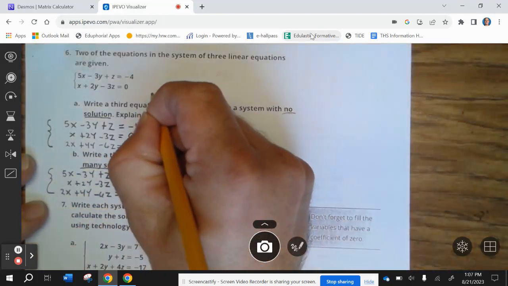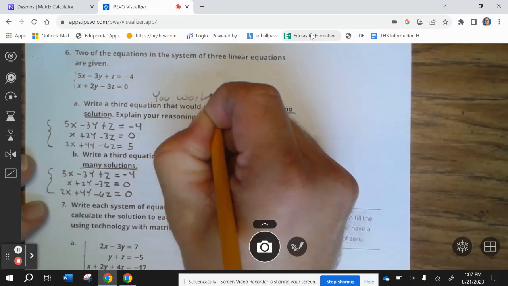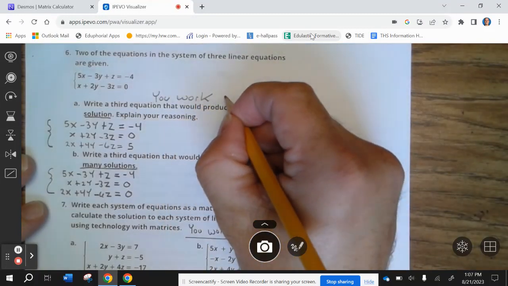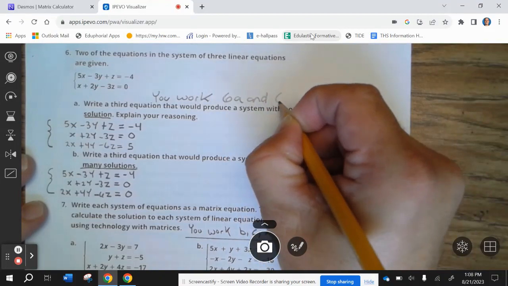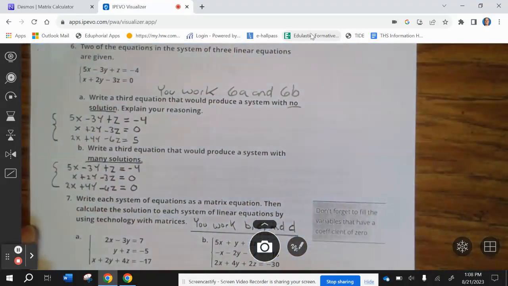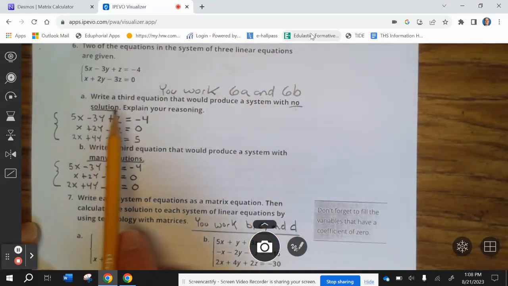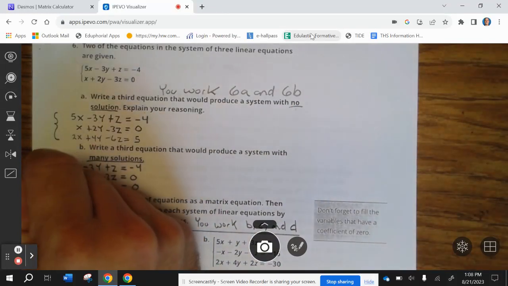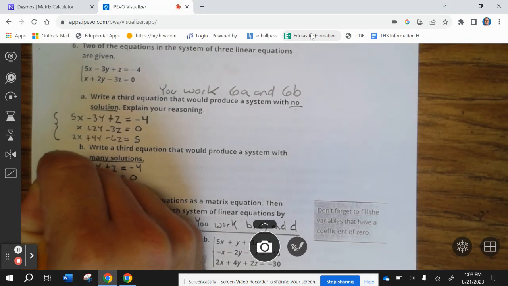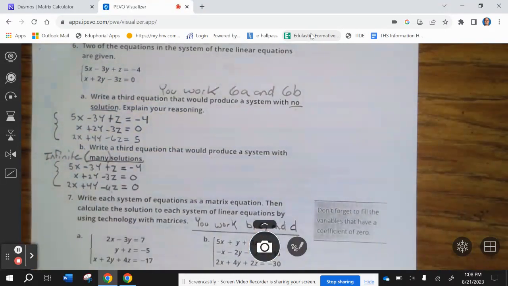I'm going to have you work 6a and 6b. So I've given you the third equation. Now I want you to explain how that gets no solution, and explain how this would be many solutions. And really, again, we should say infinite solutions.